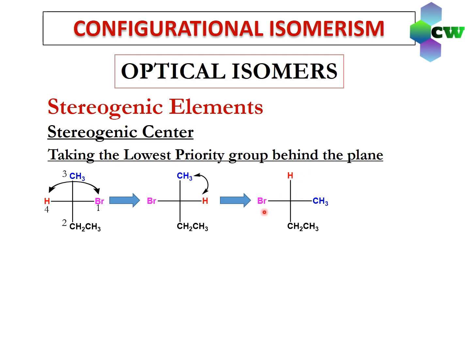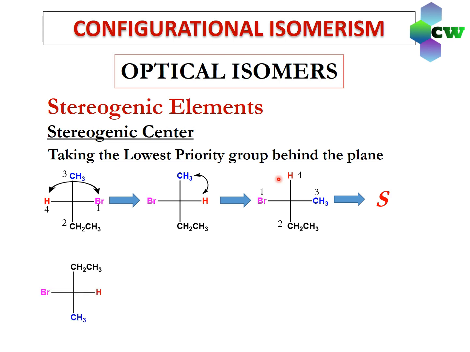After assigning priorities, you can see that from 1 to 3 we are moving anti-clockwise. So the absolute configuration is S, as was for the molecule drawn in 3D. And so this exchange has worked well, and we have taken our lowest priority group behind the plane, right?